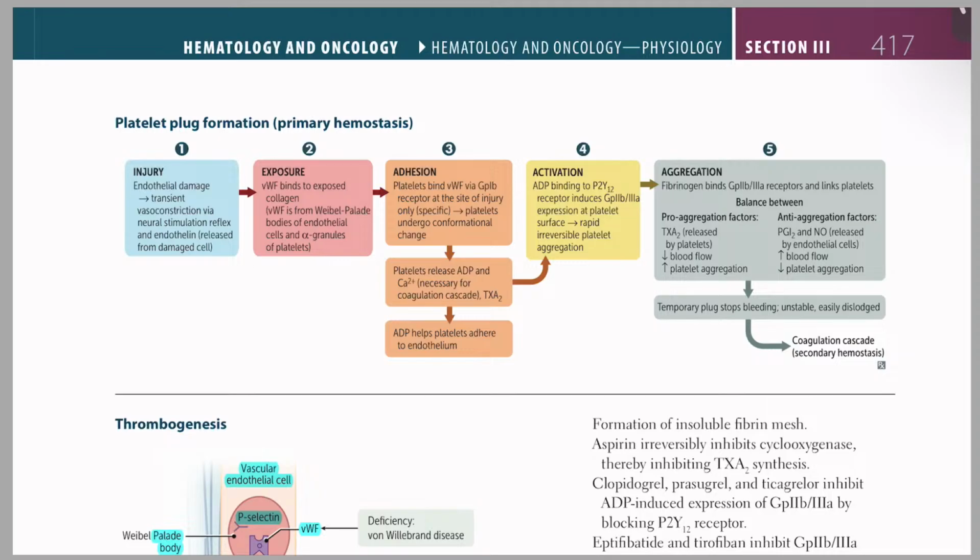Anti-aggregation factors: prostaglandin I2 and nitric oxide released by endothelial cells, increase blood flow, decrease platelet aggregation. Leads to temporary plug that stops bleeding, unstable, easily dislodged. Coagulation cascade, secondary hemostasis.